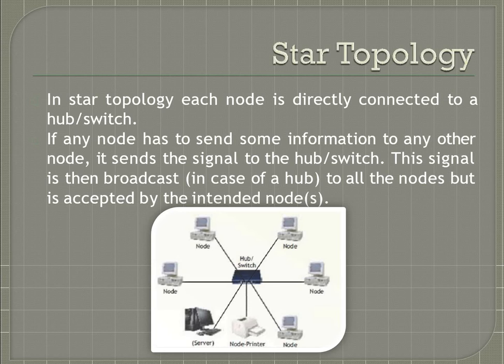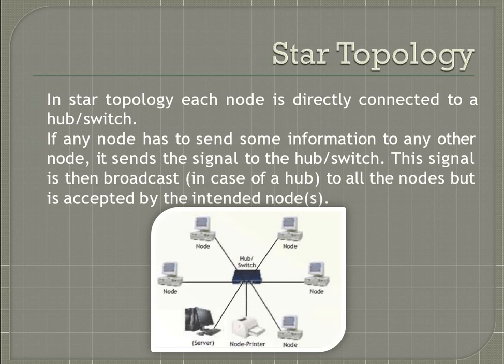So any data sent from node number 1 to node number 10 will pass from node 1 to the hub, the hub will receive the data, and the hub will send the data to node number 10. So the data will not be sent directly to the computers. It is connected to a hub or switch, which helps to transfer the data.